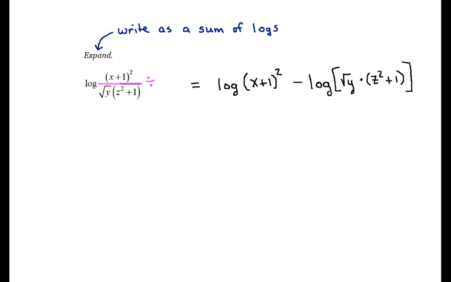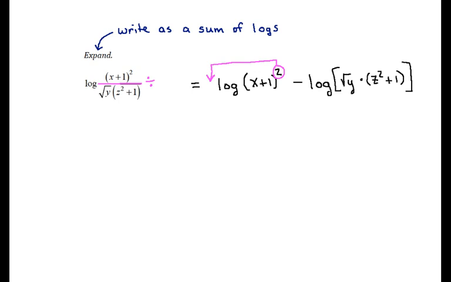Looking at each log term now, log of x plus 1 squared, there is addition and there is an exponent, but the outermost operation, because of the parentheses here, is squaring. So that's the one I'm going to look at for whether or not a property of logs might apply. And yes, a property of logs does apply.